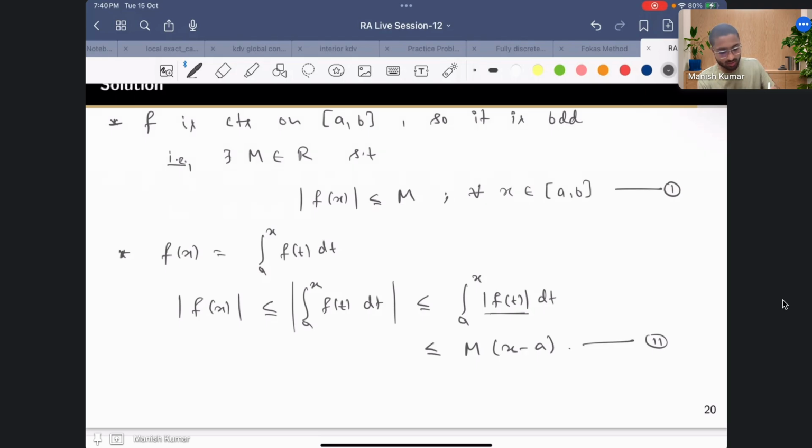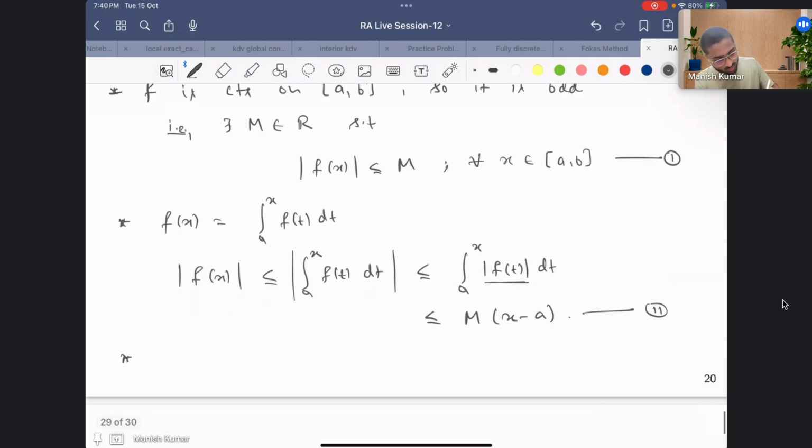We'll continue the same. Here we have used 1. Let's call this identity hash.